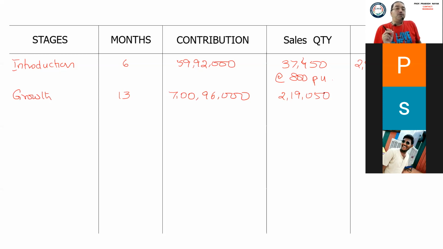Now during this growth stage, what was the selling price? 960 per unit.